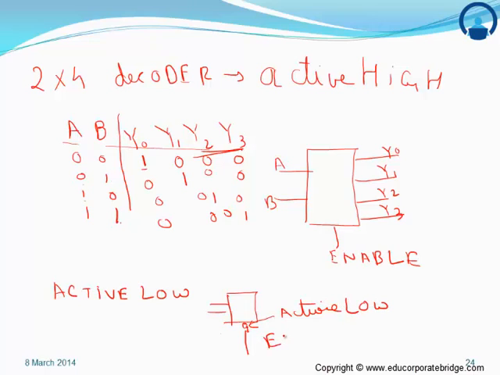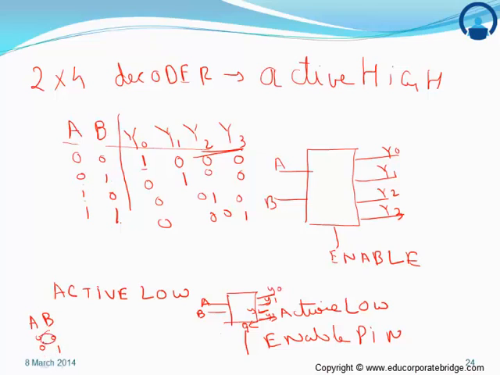This is the enable pin. The rest all remains the same: A, B, Y0, Y1, Y2 and Y3. So let's see the working of the active low decoder.